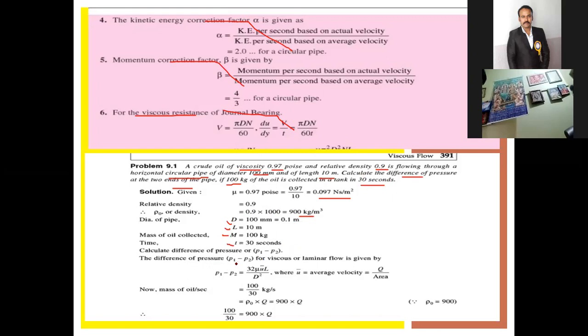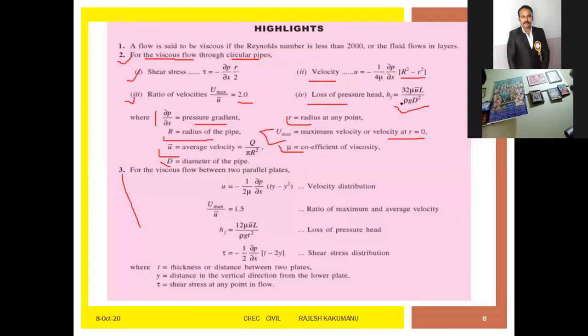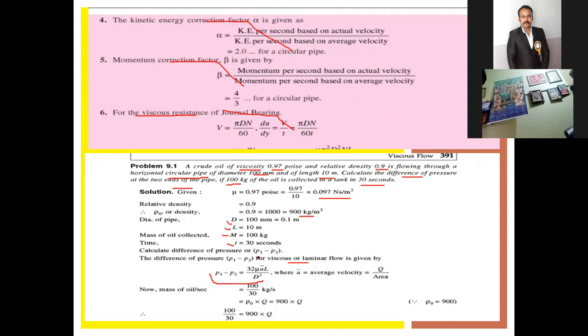Then the pressure difference P1 minus P2 for viscous or laminar flow is given by this formula. Look at the formula above, this one. The pressure difference hf is equal to P1 minus P2. Now, in this formula, U bar is the average velocity, that we know as Q by area.